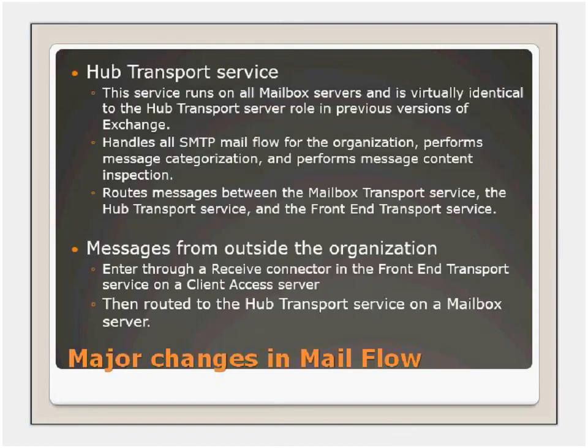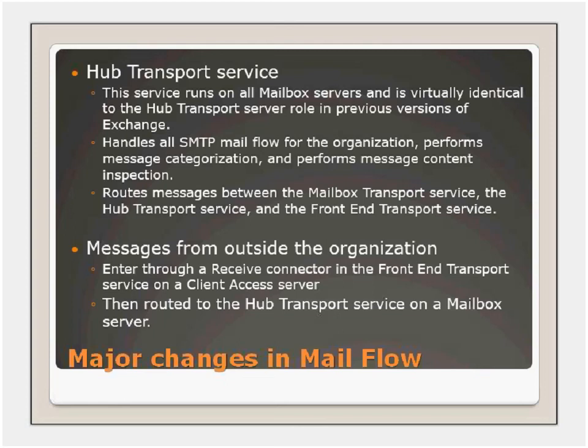And that comes to the hub transport service. This is again something that is going to run on the mailbox server role, which is identical to the hub transport server role in the earlier version. And this is the service which is going to handle every SMTP mail flow for that particular organization.